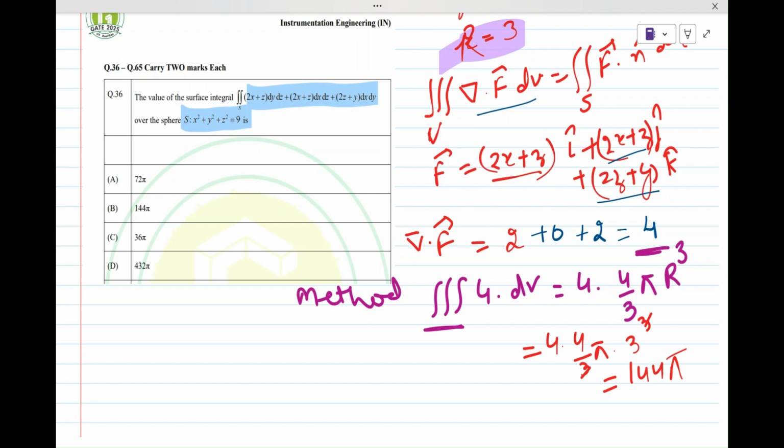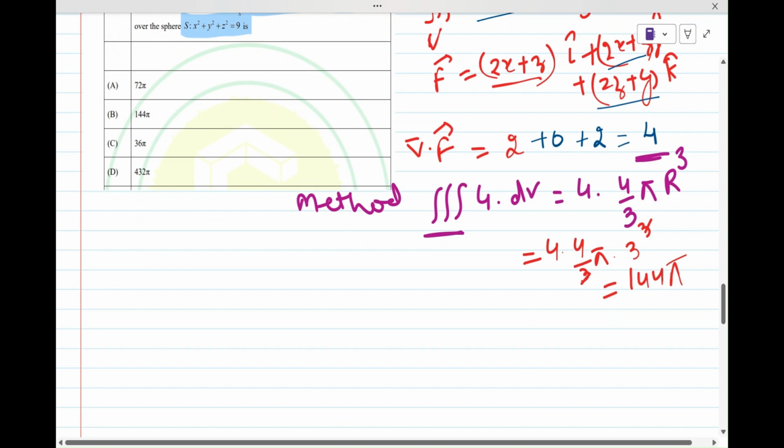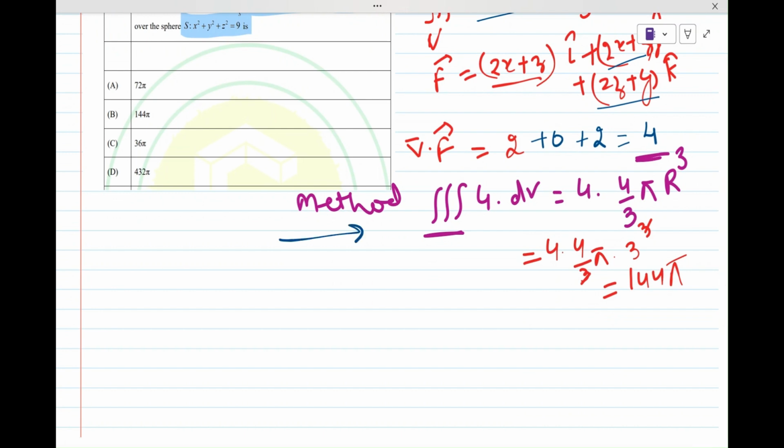The second method is, if you don't want to use this trick, okay, directly you can apply the spherical polar coordinates.